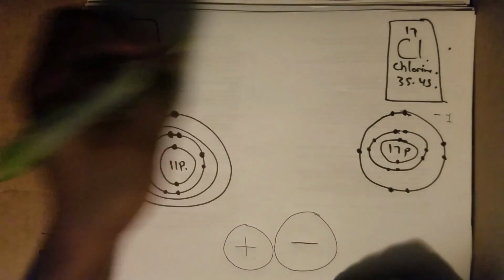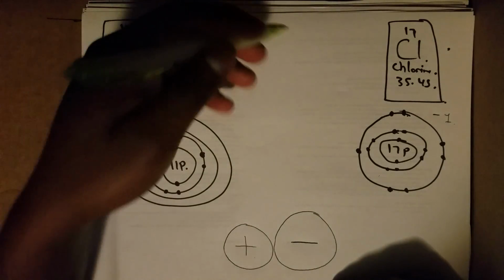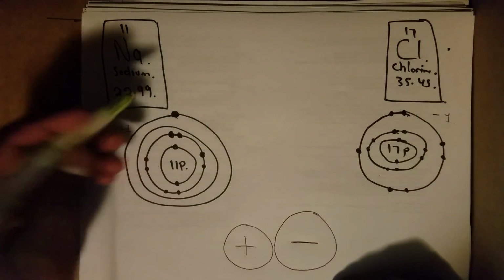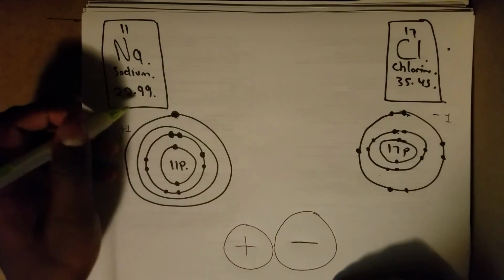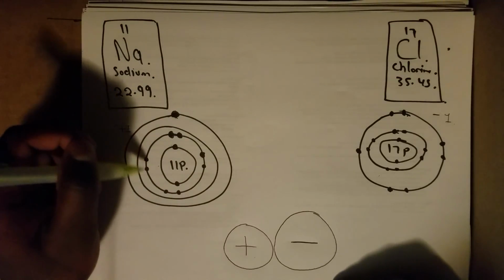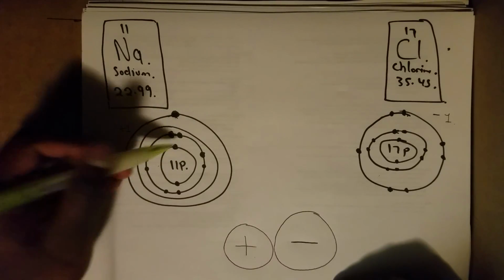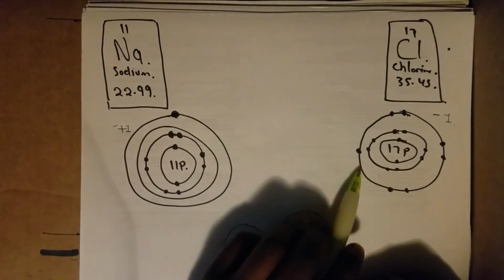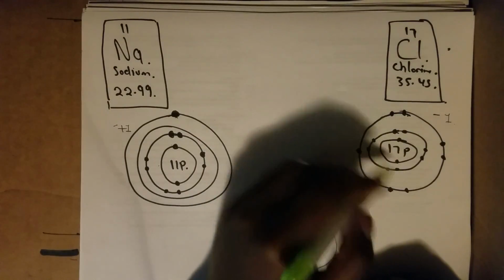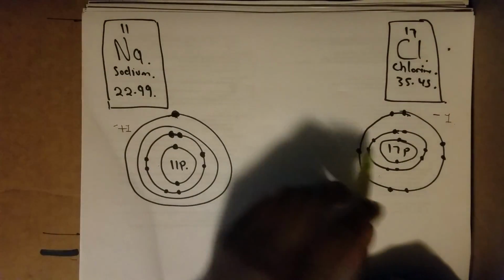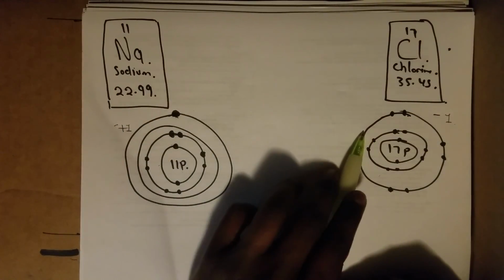When these two atoms come together and bond together, what happens is that, as we said, they try to create a stable shell. So if sodium loses one, the outer shell goes away and it becomes stable. Chlorine gains one because it's missing one here. If it gains one, it becomes stable. So that's what happens. This sodium electron goes here.